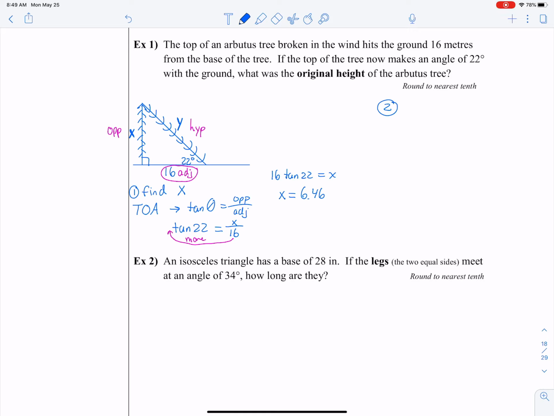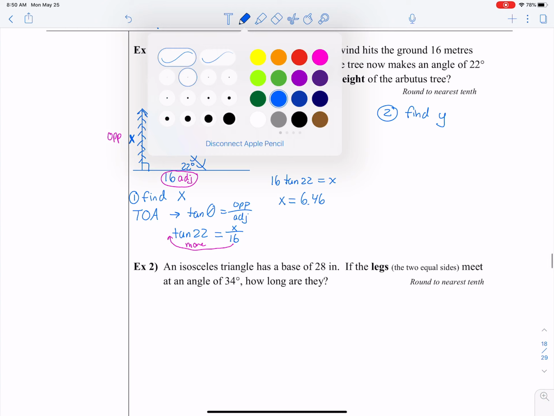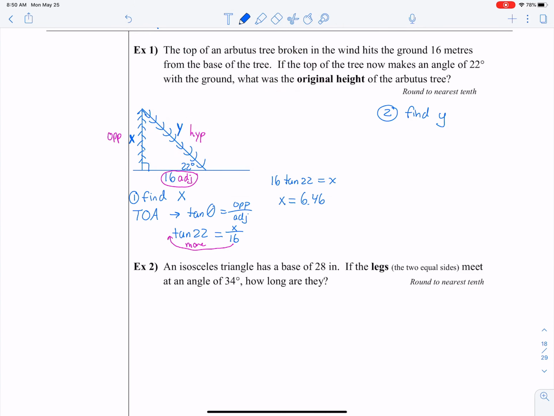Step 2, I'm going to find y. For y, I'm still using adjacent, and this time I'm also using the hypotenuse up here. Adjacent and hypotenuse, that's going to be my cos.